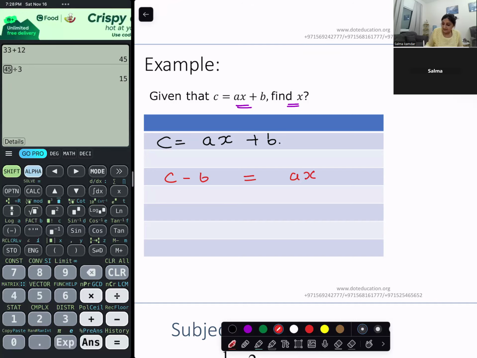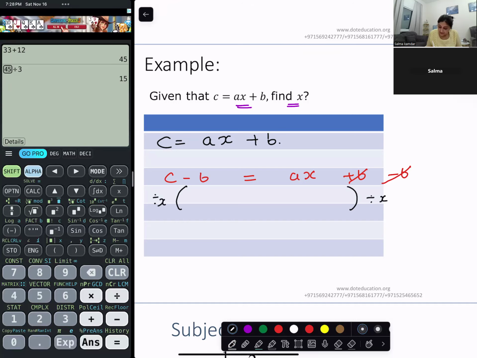So this will become AX plus B minus B. The B would go. Now I'm going to divide both the sides by A. So this will be C minus B over A is equal to X, and I get the value of X.